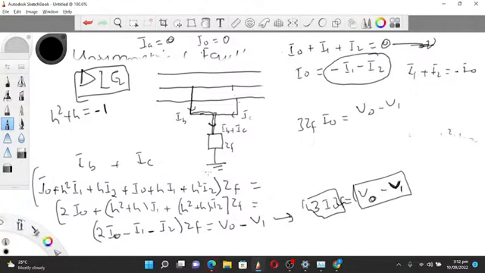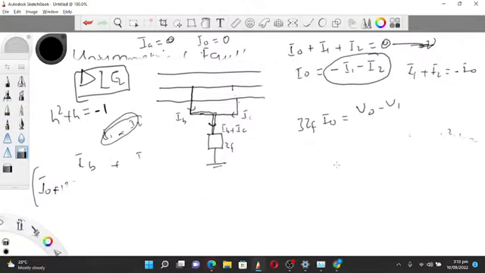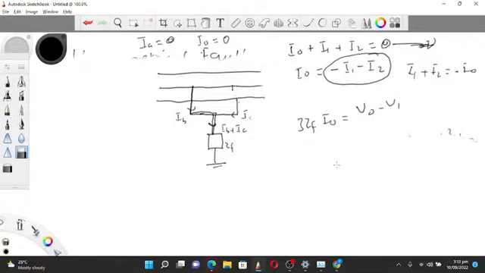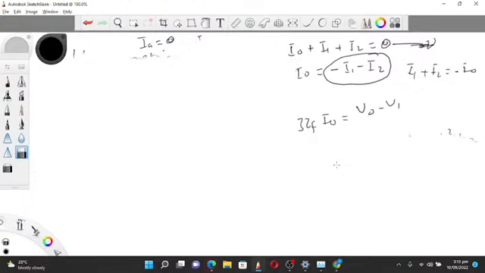So for a single line to ground, you have only one component. If the fault is at phase A, you have only I0 that is working in the circuit. For line to line, if it happens between phase B and C, you have only I1 and I2. Realize that for single line to ground, we just put everything in series because we have only one current flowing.